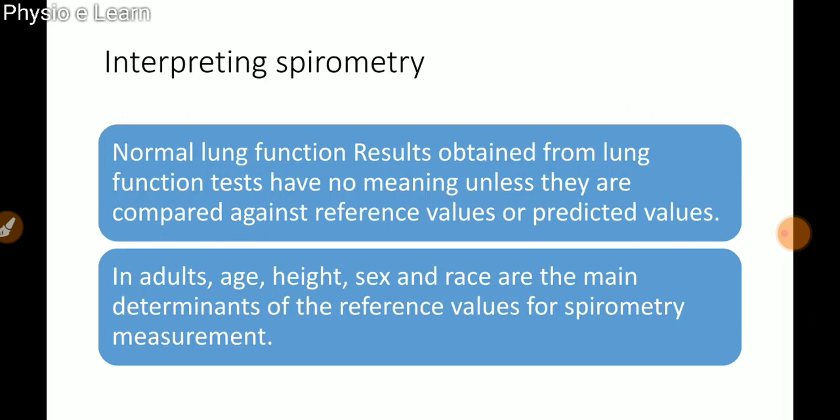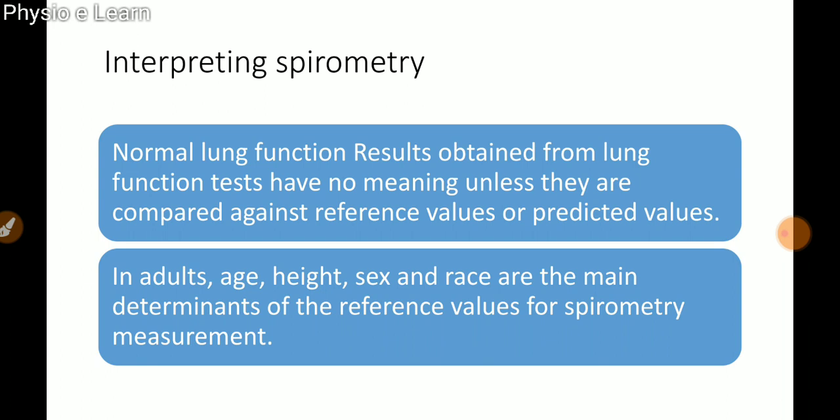Now, interpreting spirometry: the lung function results obtained from the lung function test have no meaning unless they are compared against the reference or predicted values. There are predicted values for every individual, and they have already been fed into the software of the spirometry machine.